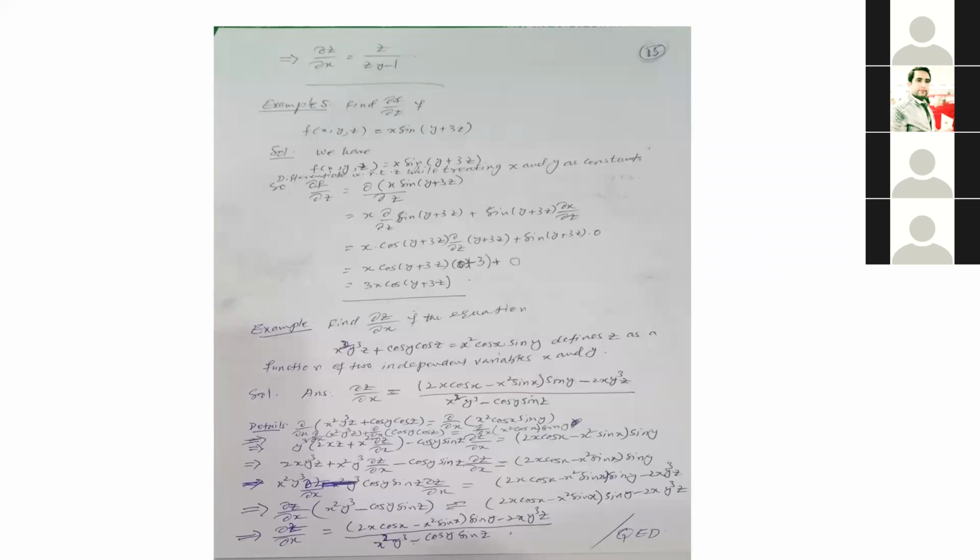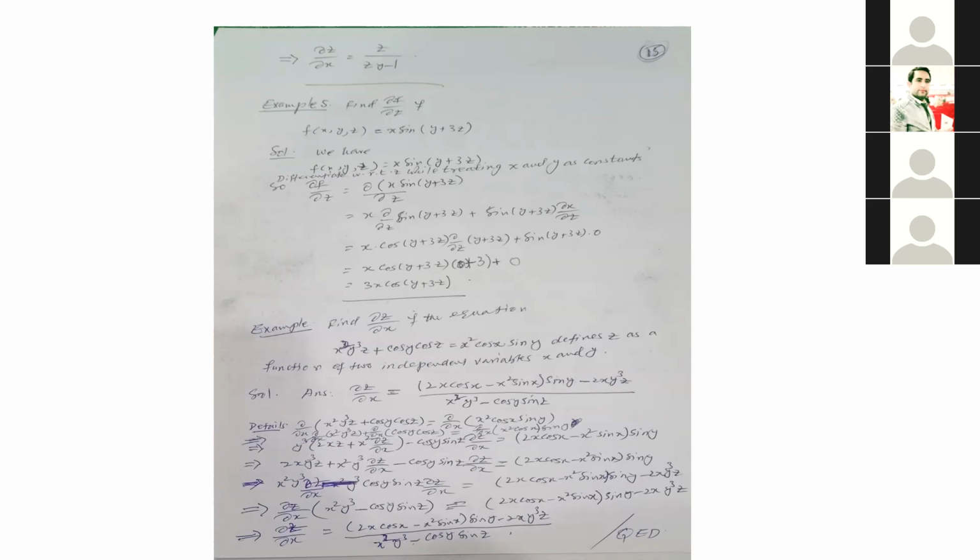Now differentiate this function with respect to z while treating the other two variables, that is x and y, as constant. Now whatever variables there are, you have to keep all of them constant, and you have to differentiate with the one which has been asked to differentiate.